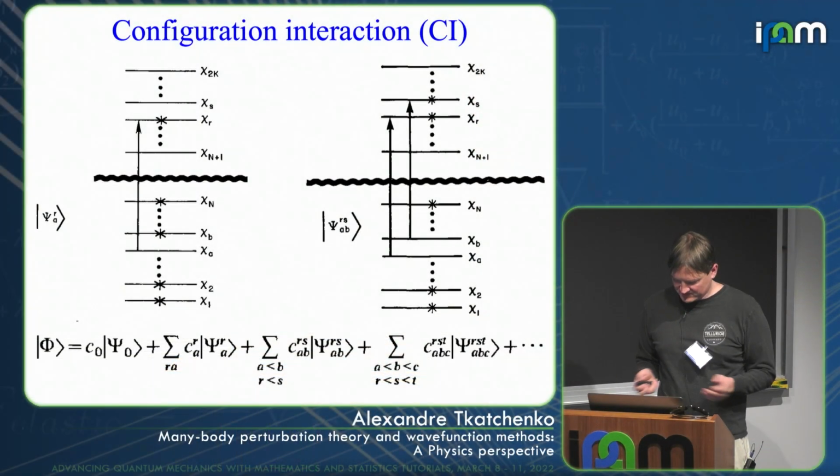And in fact, there are results from Martin Head-Gordon's group and others that for certain classes of systems, DFT wave functions give better agreement with experimental results for things like transition metals and so on.